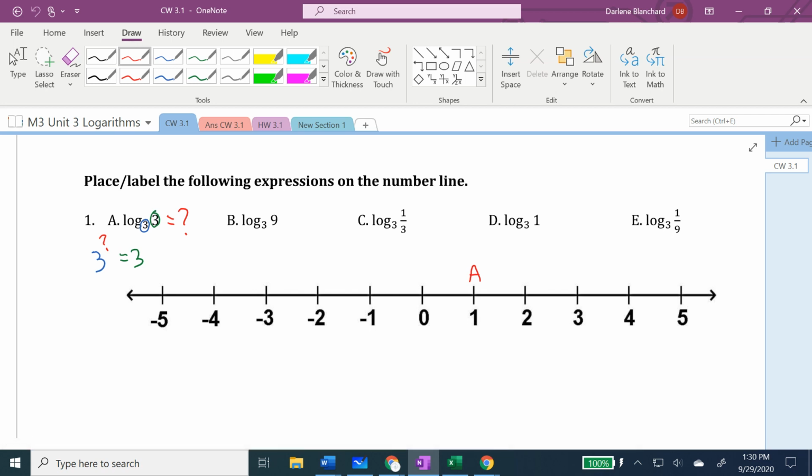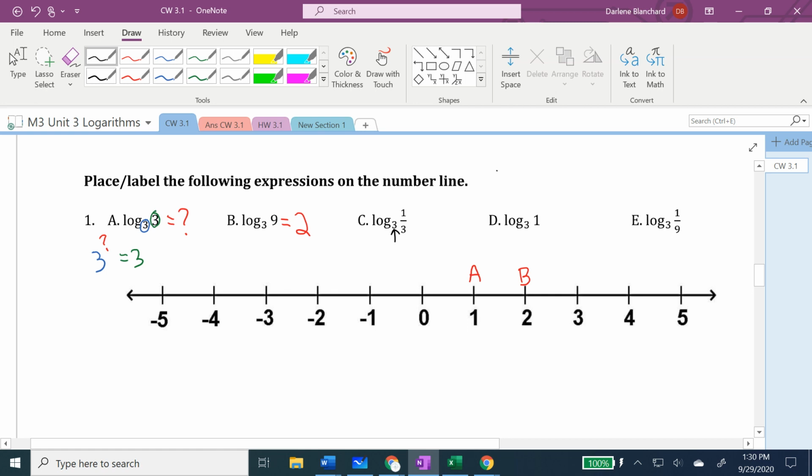With finishing up part B, I need exponent 2 on my 3 to get 9. And I'm going to write a B there, and then I will do the color coding on the next one. So this 3, I'm pointing to it with a black arrow. That's the base of my logarithm.